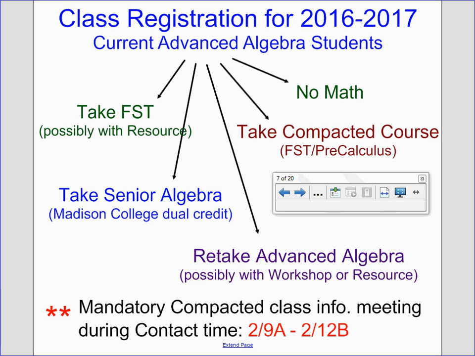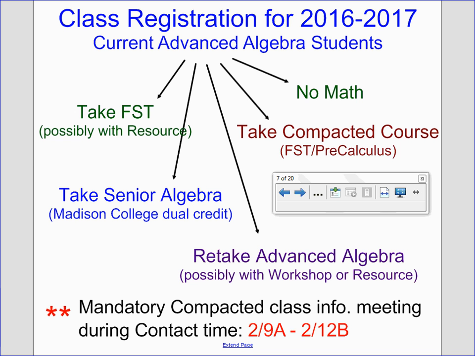Okay, ladies and gentlemen, by now everybody's gone to their course registration meeting in the PAC for the juniors, the sophomores, and the freshmen. So what we would like to do is talk about current advanced algebra students as they set up for their schedule next week. If you're a current sophomore in advanced algebra, the vast majority of you will enroll for FST next year.